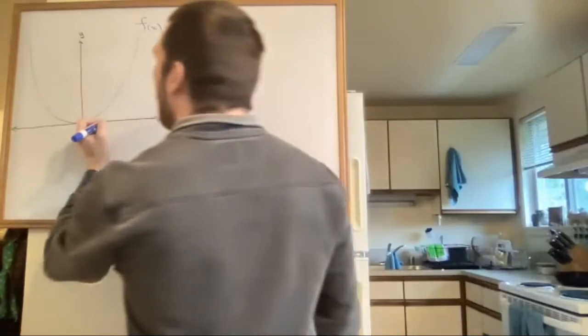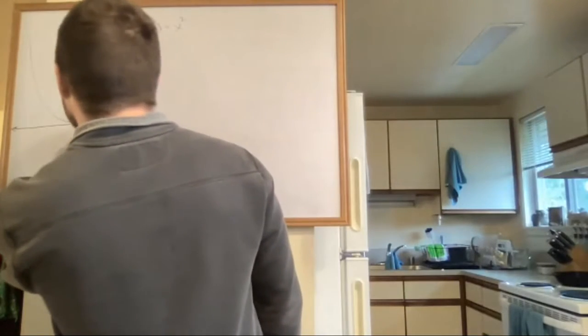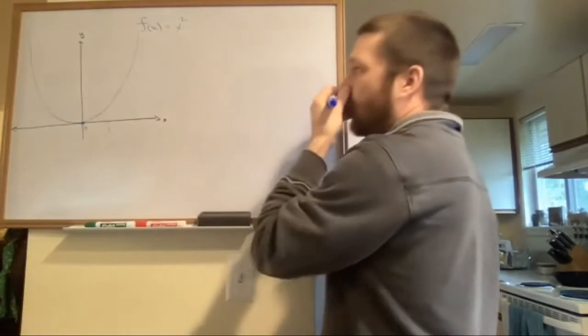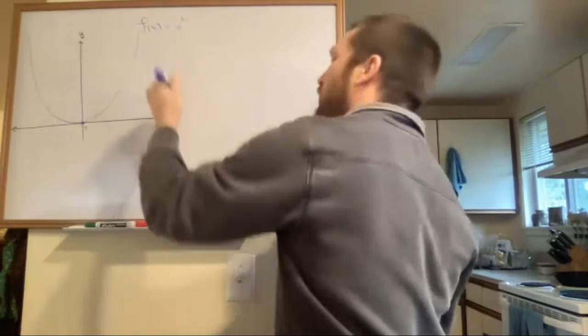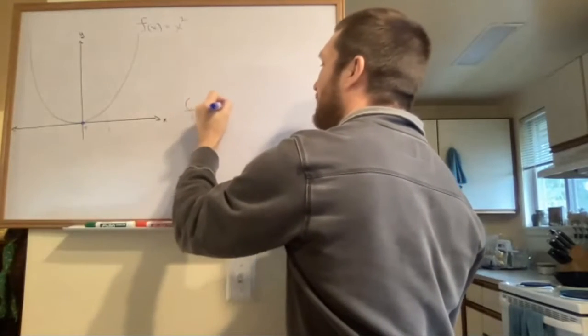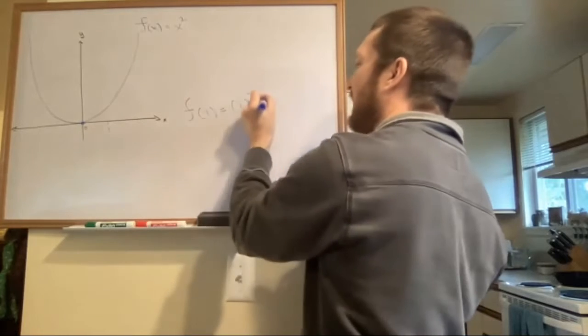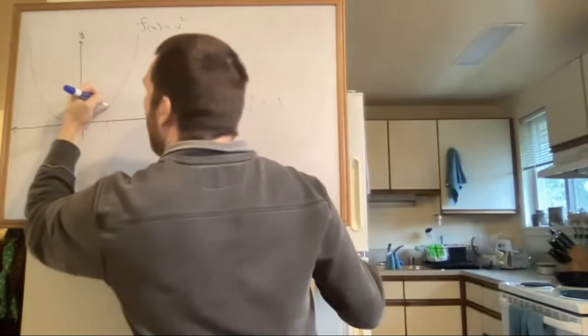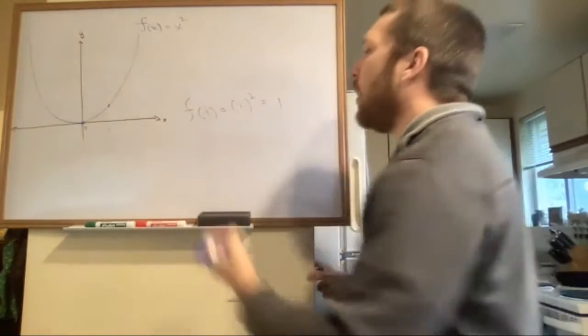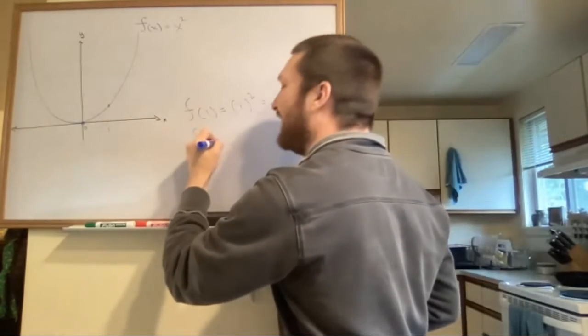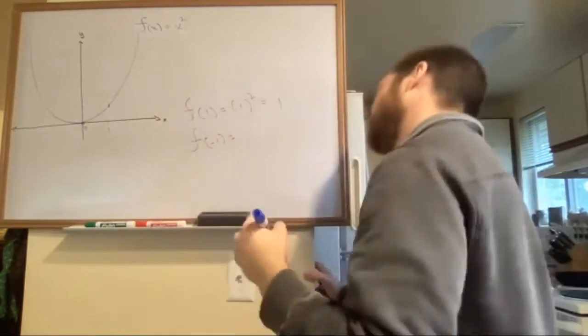Okay. Now, what happens when I plug in a 1? What do I get? A 1. Why? Because 1 squared, right? F of 1 says to take 1 and square it, and you get out a 1. And so, okay, there's a 1 right there. What happens when I plug in a negative 1?